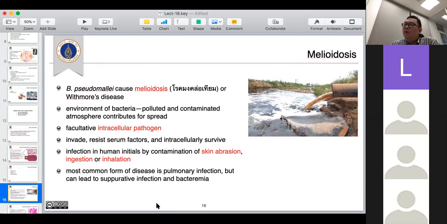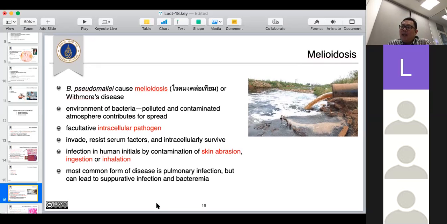Okay, so you get Burkholderia by skin abrasion or ingestion. You eat contaminated food or inhale it. This is very important. In the old days, people thought there were quite a lot in northeastern Thailand, but actually it is throughout the country.